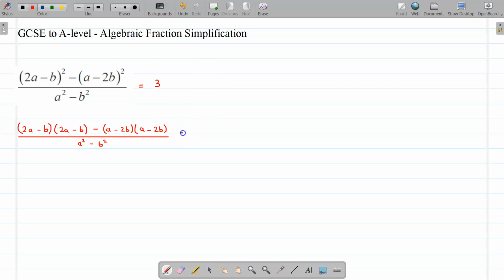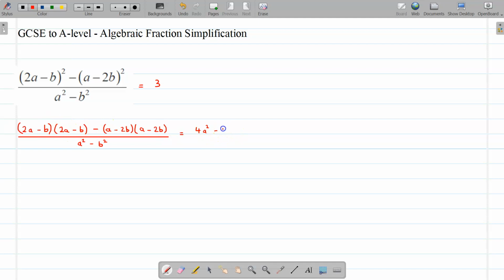But I'm going to carry on with it now, and I'm going to work on this. So 2a times 2a is 4a squared. So I'm doing first, then outer, then inner, then last. So the outer is 2a times minus b, which is minus 2ab, and the inner is also minus 2ab.